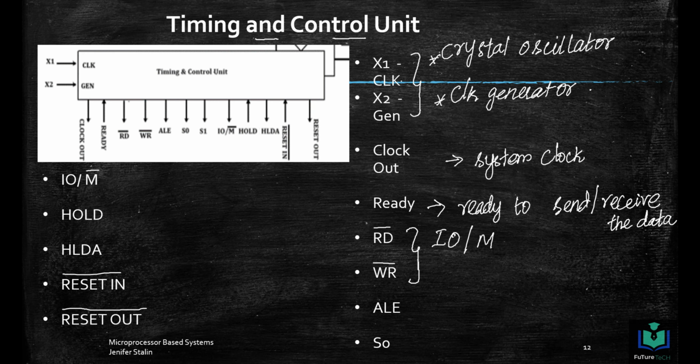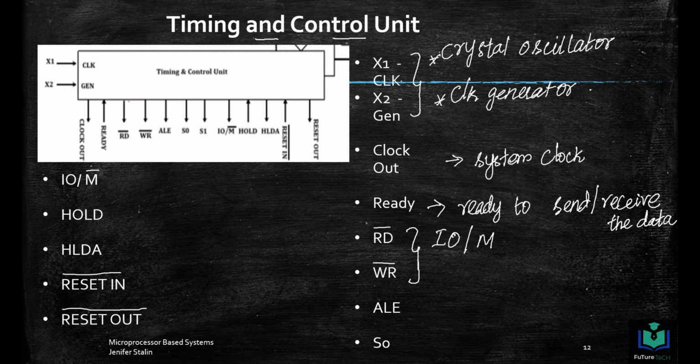The write signal indicates that the data on the data bus should be written into the memory or IO location.